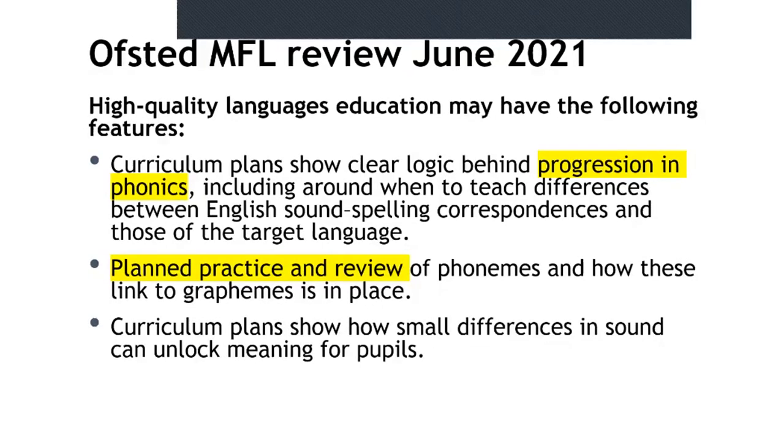So you will be expected to have a curriculum map that includes phonics as well as grammar and vocab and be able to show progression there. And that is something that the iLanguages scheme of work does have. It's ready-made and it's done for you. But later on in this webinar, I'll show you what good practice would look like.